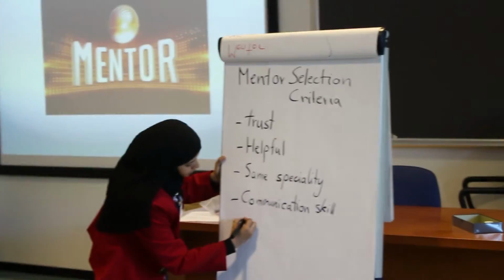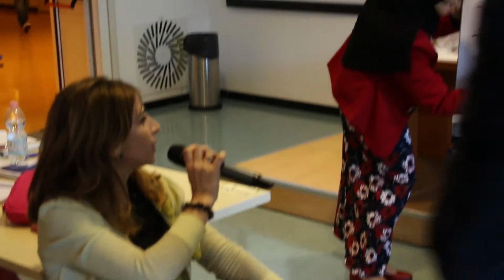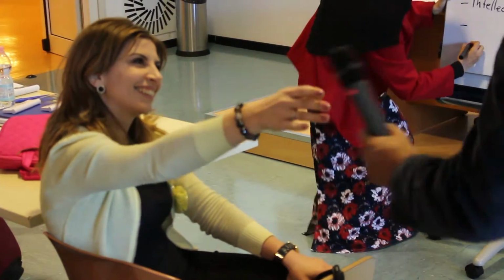So just write down communication skills. Maybe intellectual skills. Okay, knows the regulations of the institute. I think it's very important that he is ethical, or ethics, or code of ethics.